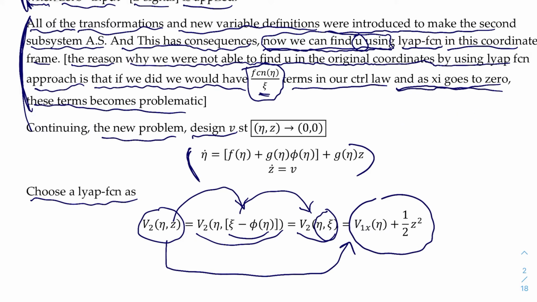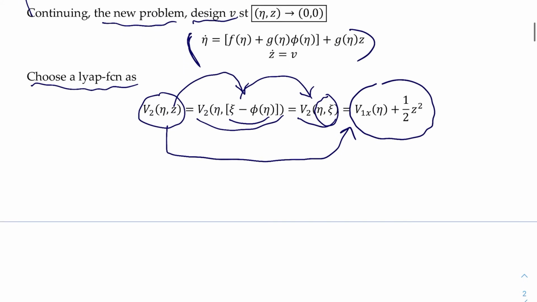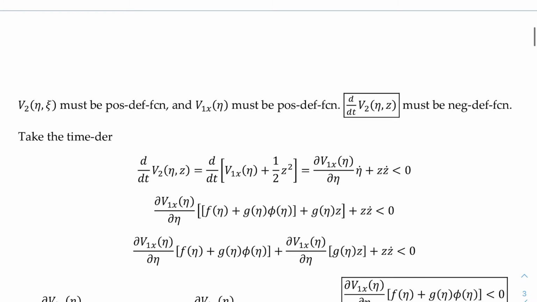But if you can decompose your function, it will have an important impact on your problem. This must be a positive definite function. We know that, right? It's the Lyapunov function, and the first part must be positive definite.